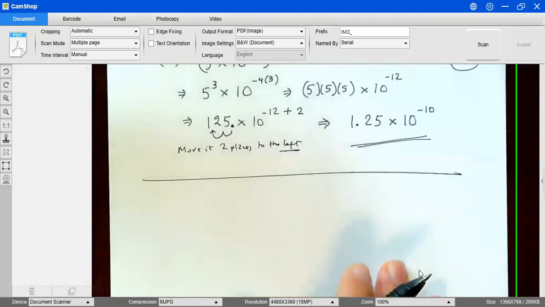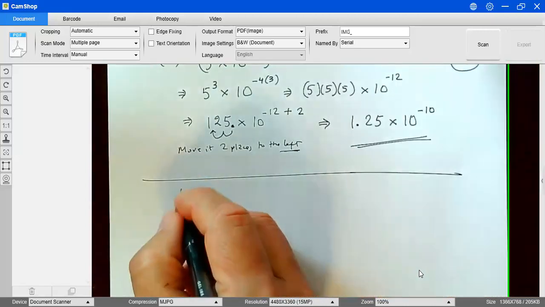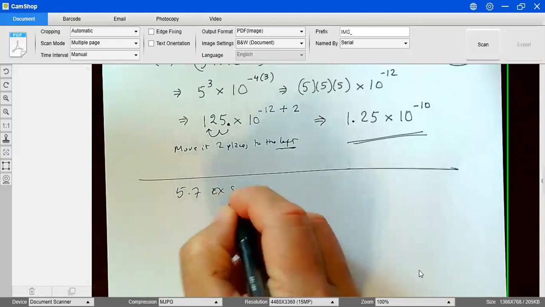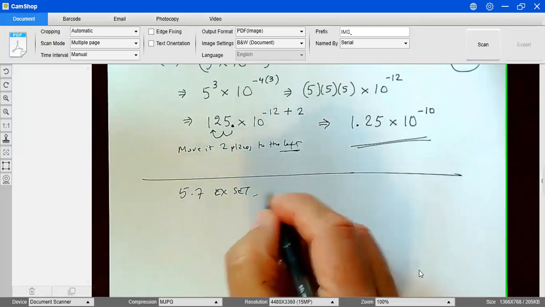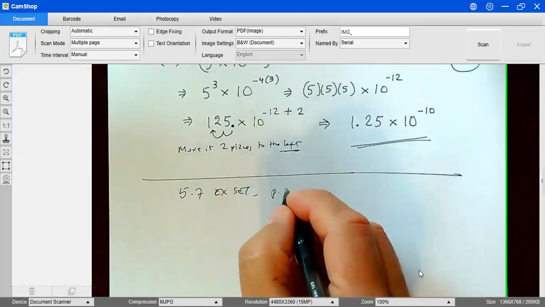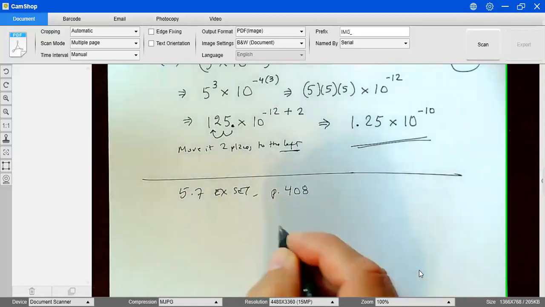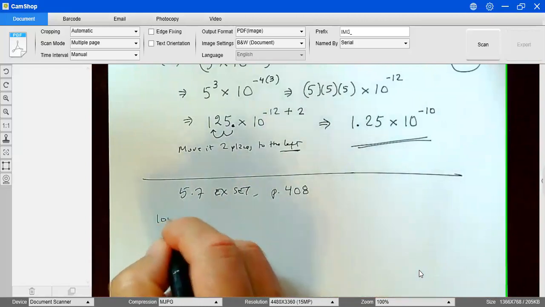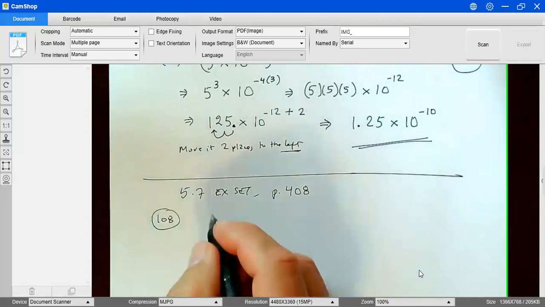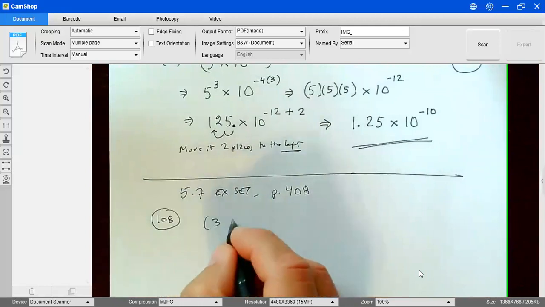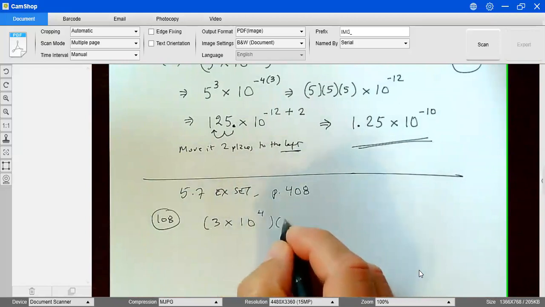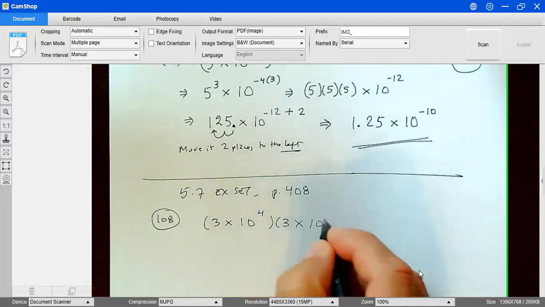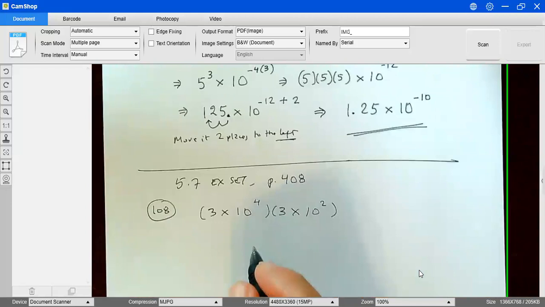So the final assignment for this section and for this chapter, we're finishing now chapter 8. So this is going to be just 2 problems. Problem 108, you're going to multiply 3 times 10 to the 4 by 3 times 10 squared.